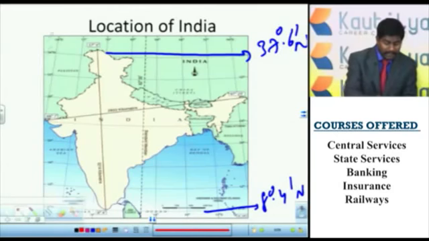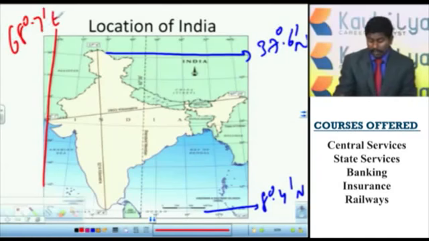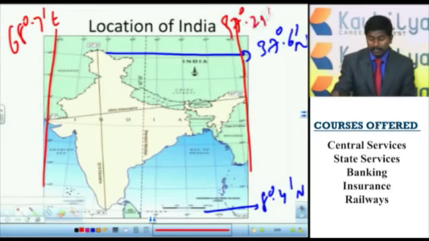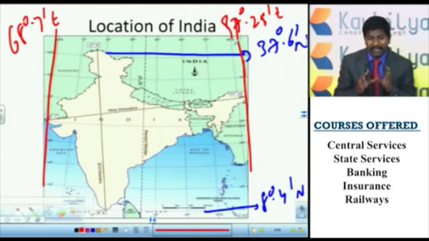Similarly, it is 68 degrees 7 minutes east longitude to 97 degrees 25 minutes east longitude. So remember these latitudes and longitudes of India. Today, India is located in the northern hemisphere and the eastern part of the globe. Now the latitudes are 8 degrees 4 minutes to 37 degrees 6 minutes north, and 68 degrees 7 minutes east longitude to 97 degrees 25 minutes east longitude.